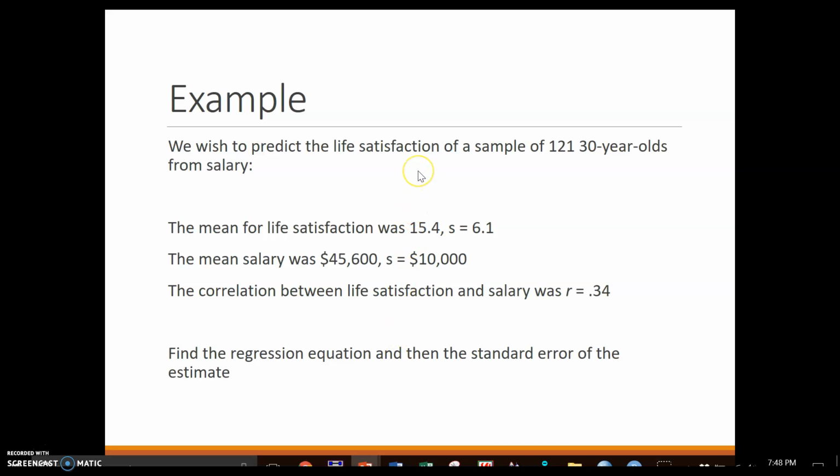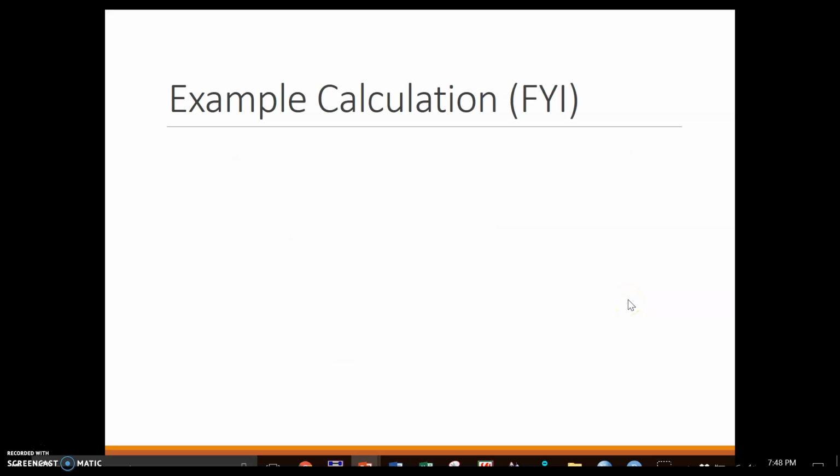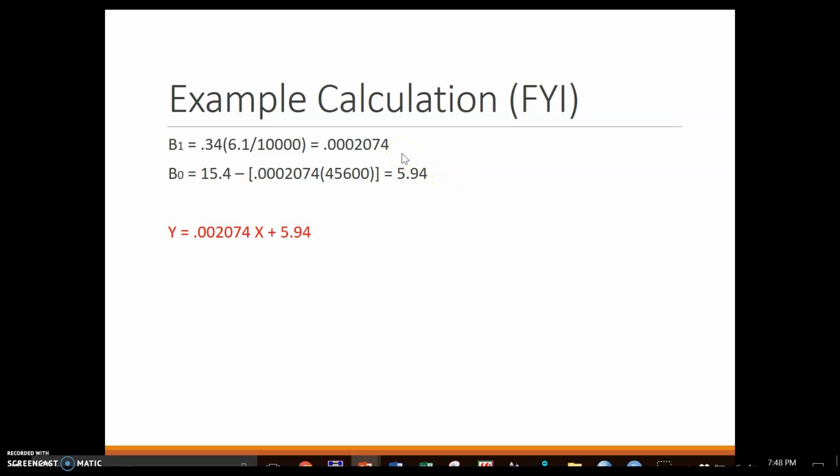So if we wanted to predict life satisfaction from a sample of 121 30-year-olds, we've got the mean and standard deviation for life satisfaction, the mean and standard deviation for salary, and then we have the correlation coefficient between them both. And we're just going to plug in numbers. So beta 1 is going to be 0.0002. Beta 0 is going to be 5.49. And then we write our equation.